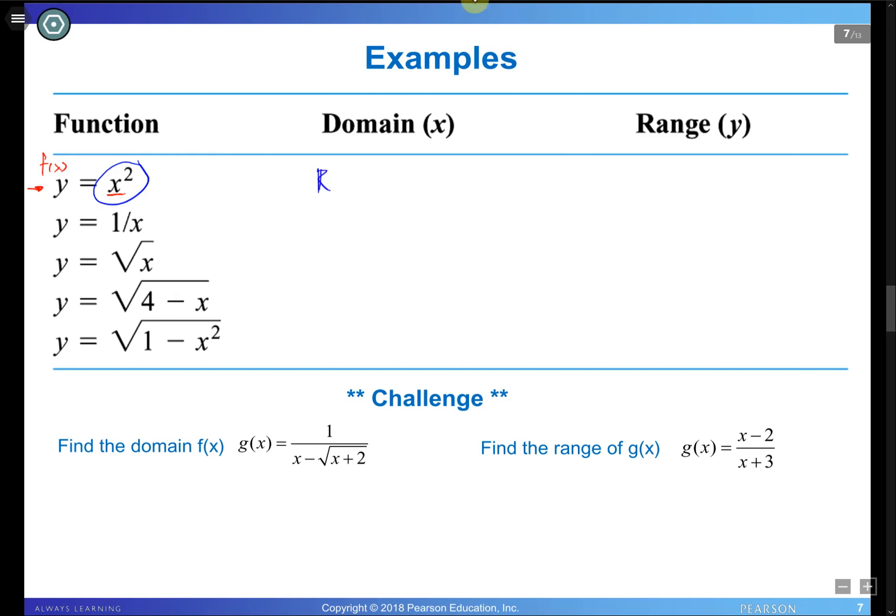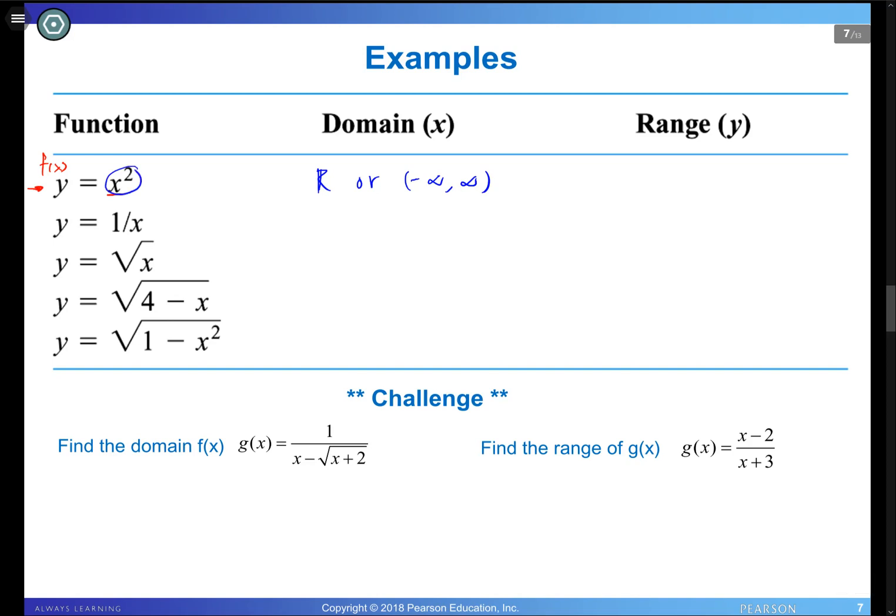Or you can use interval notation: x can be anything from negative infinity to infinity. So that's it. Using this one idea, finding the violations and checking whether it makes sense for the function to exist. So this one, x can be anything, no problem.